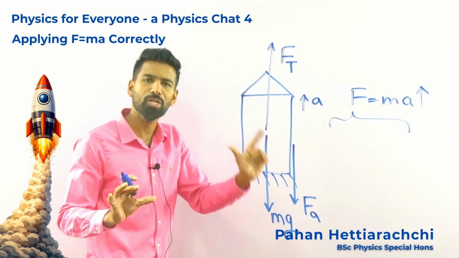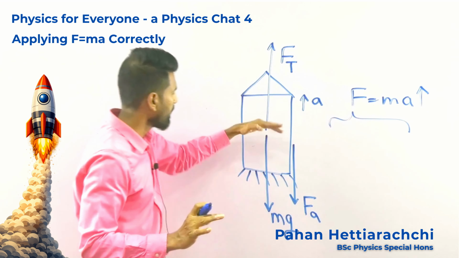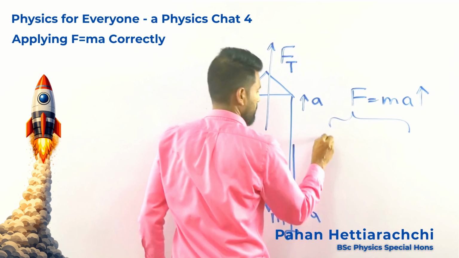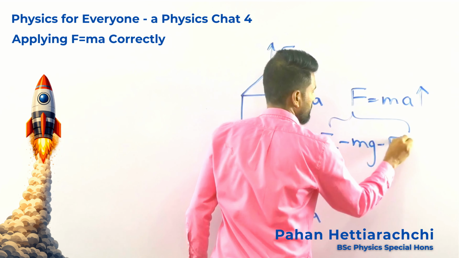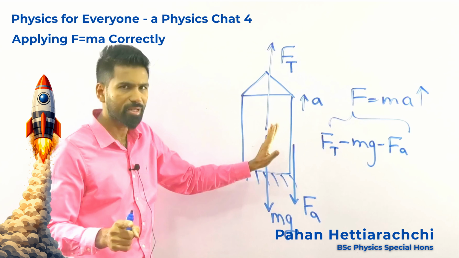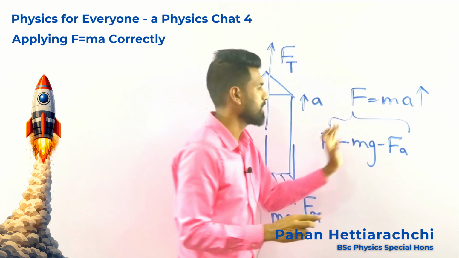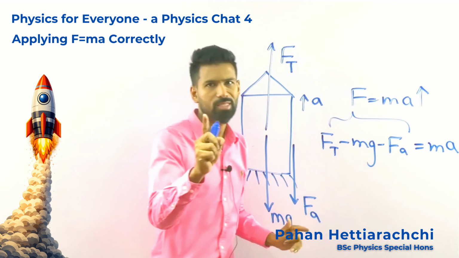So what should be the external resultant force acting on the system to the upward direction? Ft minus mg minus Fa. Now we have the external resultant force acting on the system to the considered direction is equal to mass times acceleration. That's how you have to do it.